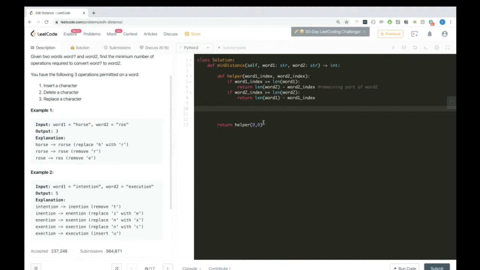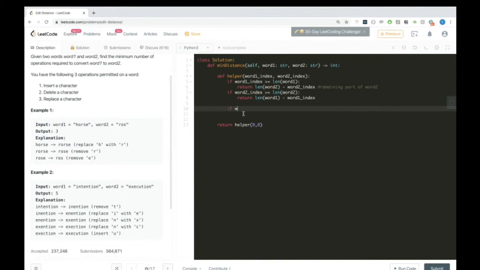Remember, we're starting at the 0th index for both words. So we're starting at the very left at the letter H for horse, and when we're traversing word 1, we're just moving the index position from 0 to 1 to 2 to 3 to 4. And if they share the exact same character as the second word, then we should just push out both indices of both words.